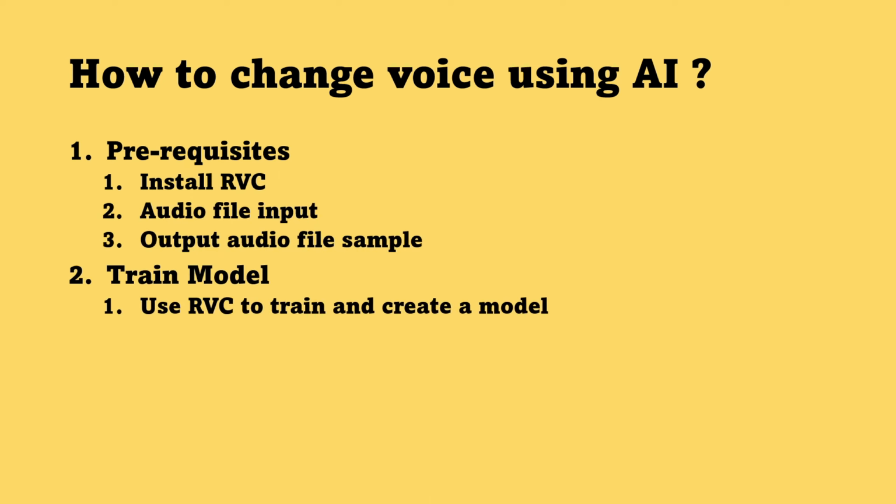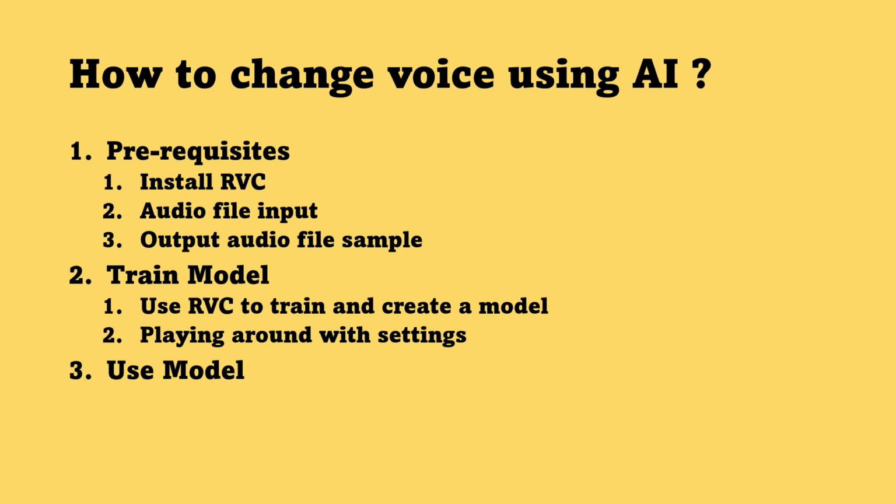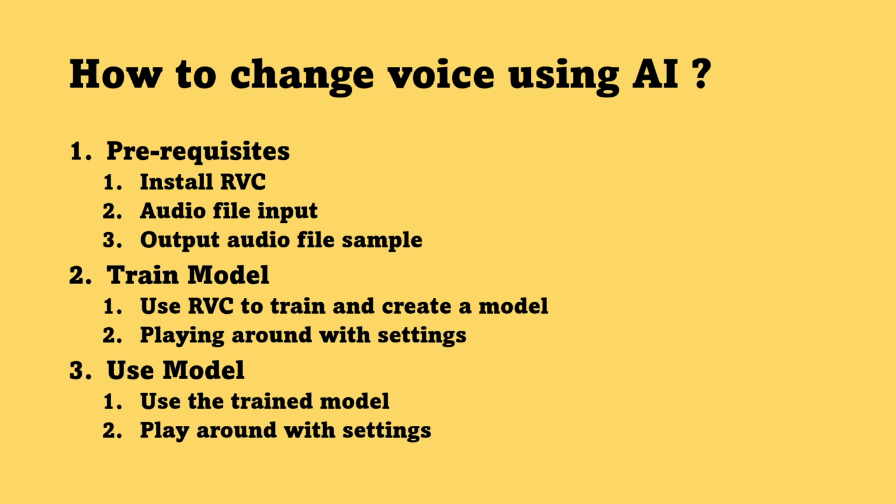Then we will look at how we can create a model using RVC, and then we will play around with some settings and see which one best works for our use case. Then we will look at how we can use the RVC model that we just created and convert the speech, and then we will look at some settings for that.